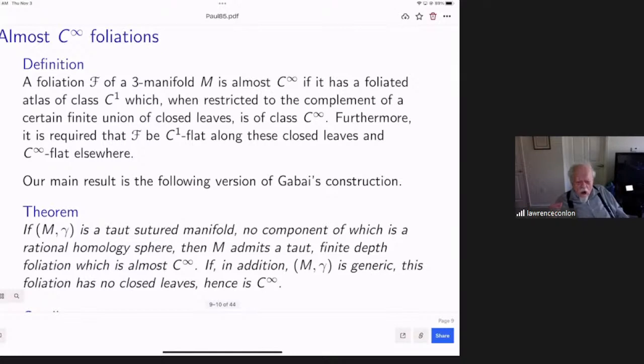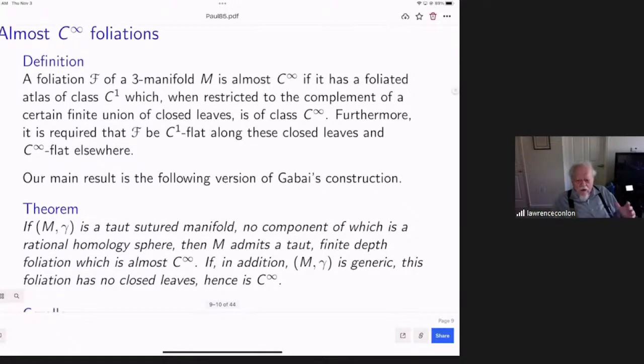So we can always modify Gabai's construction to produce almost C infinity foliations. Now, if in addition the sutured manifold is generic, the foliation has no closed leaves, and so by the definition of almost C infinity, it is C infinity. So that's the theorem I want to talk about.